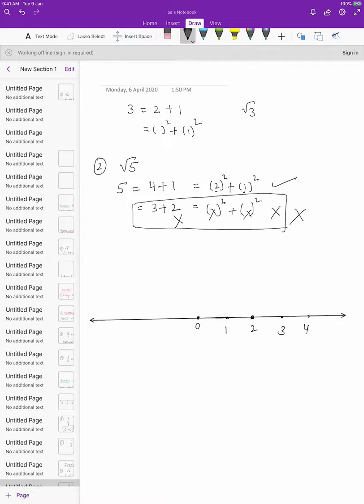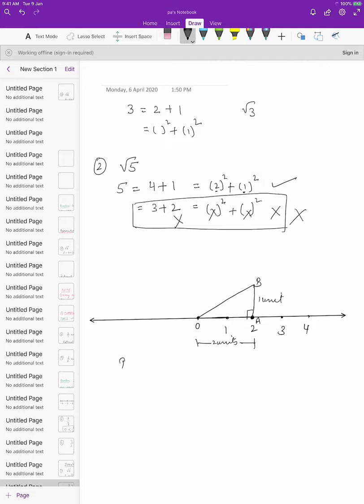It's 2 units on the number line and 1 unit perpendicular to it. These are 2 units from here till here, and this is 1 unit perpendicular to this. And when I join these 2 points, a triangle is completed, a right triangle.